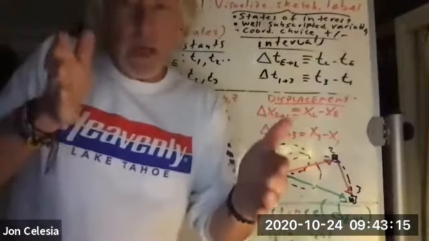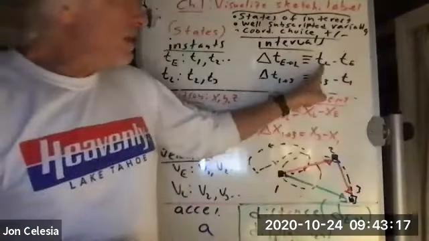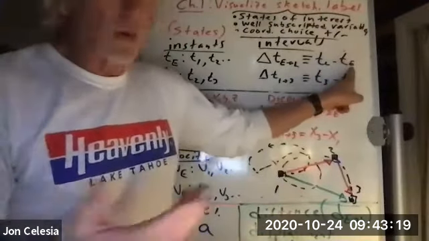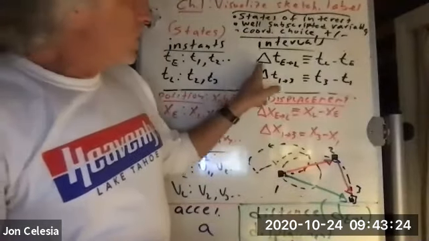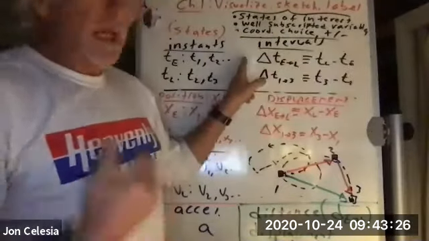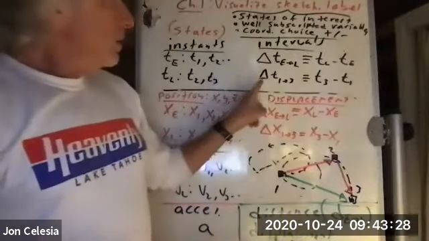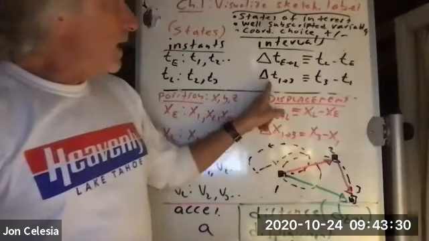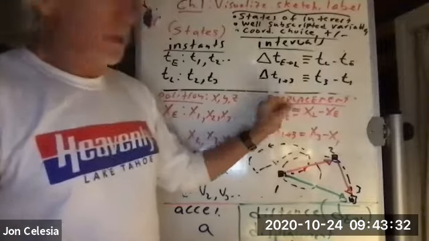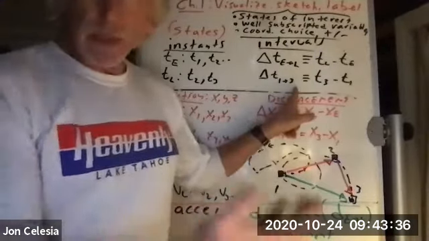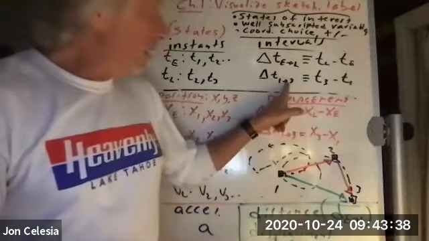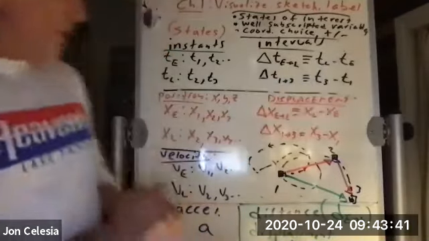The time between those two states is 10 minus 2 or 8 seconds, of course. So that makes sense. Again, this would be for a general equation. And then when you apply it, you're going to specifically say, oh, I want to know the time between state 1 and 3 or 1 and 2. You can't go 3 to 1 because that's going backwards. We won't go into that. So that's all that is.